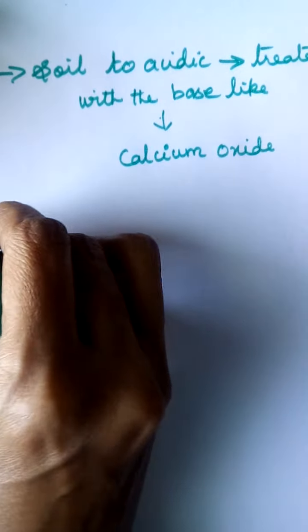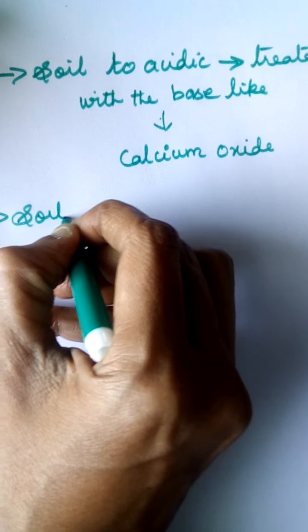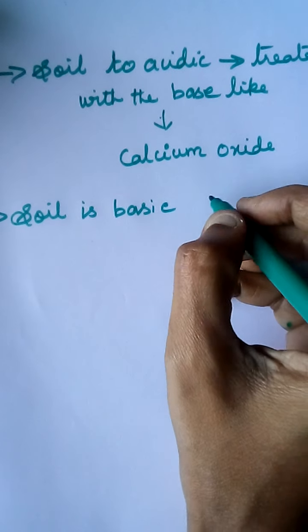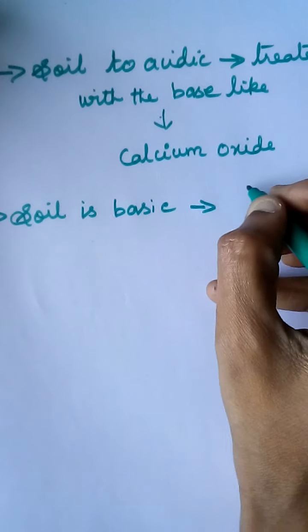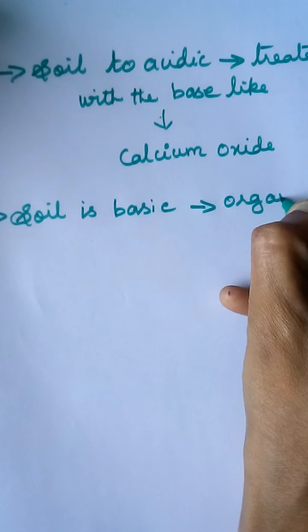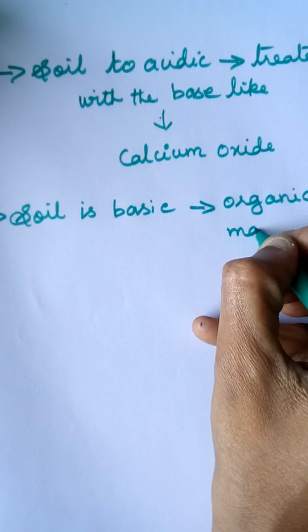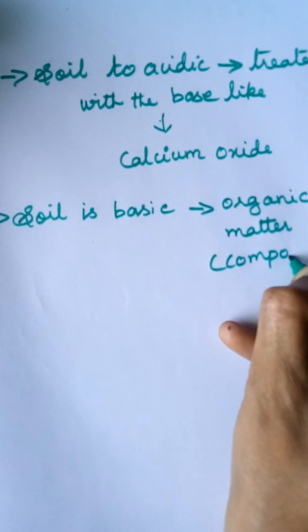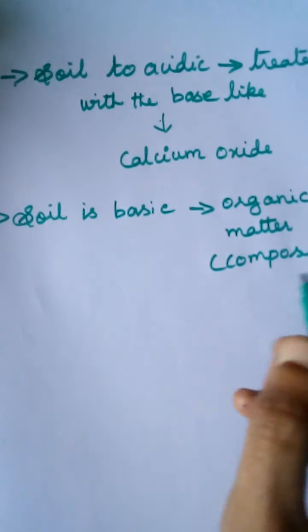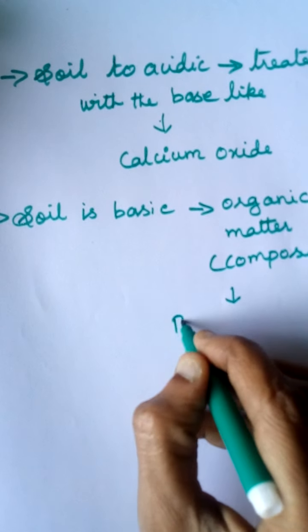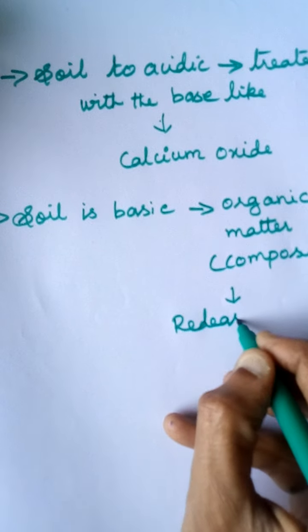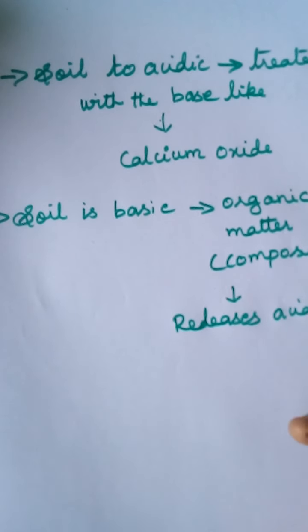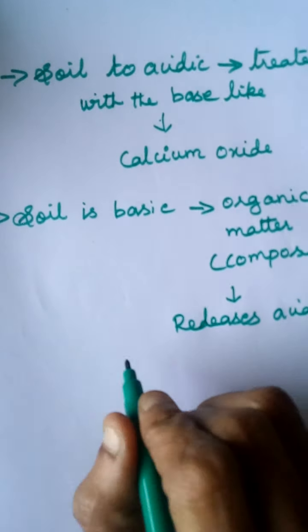If the soil is basic, organic matter is added. Organic matter means compost. The organic matter releases acid, which neutralizes the basic nature of the soil.